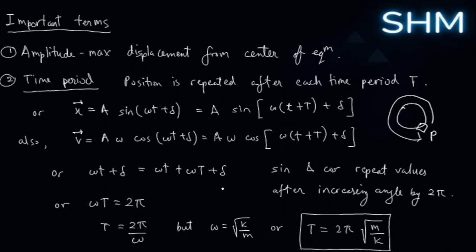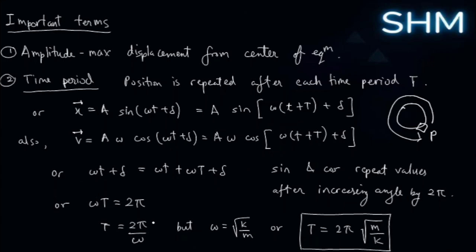It means वो sin 0 और वो जो दूसरा साइन है उसके बीच का जो गैप है that is a multiple of 2 pi. So it is immediately after one time period that displacement and velocities are repeating. So this omega capital T must be 2 pi. From here we can obtain T equals 2 pi by omega.